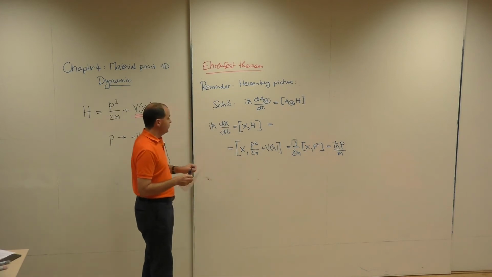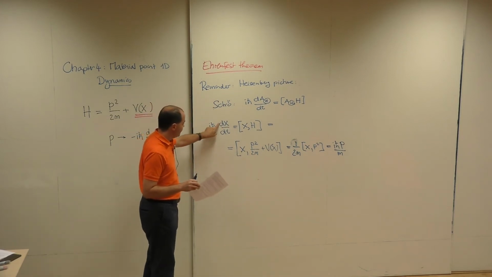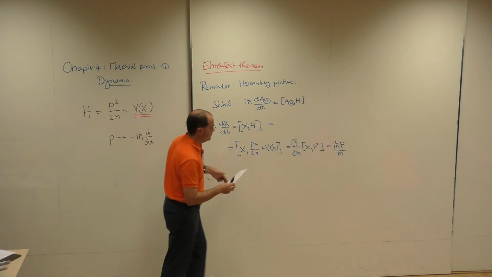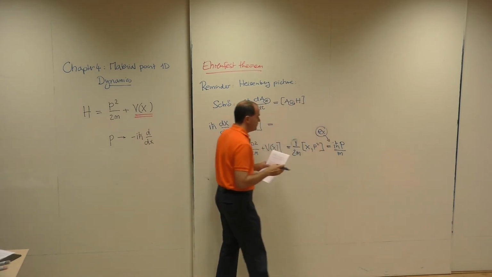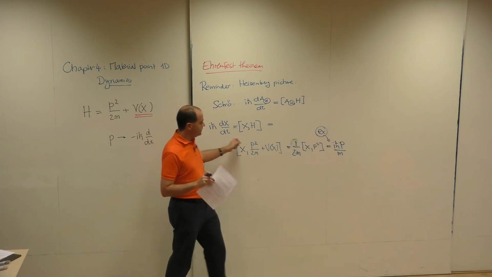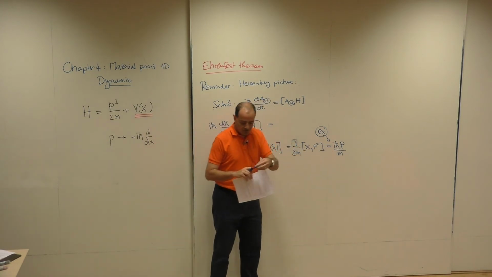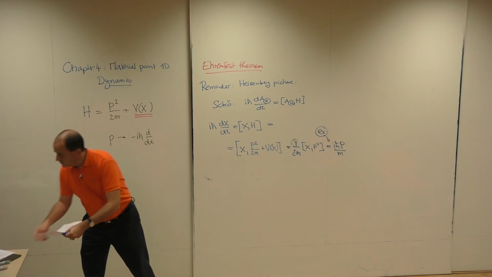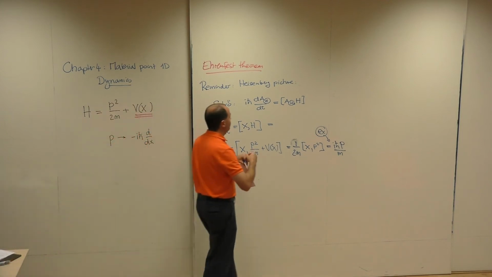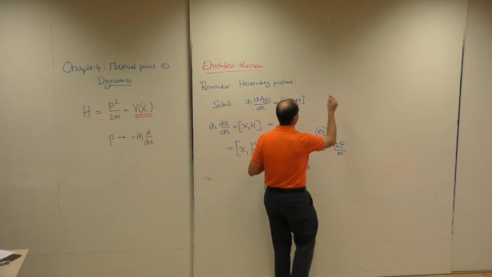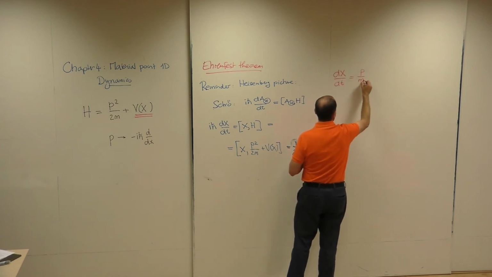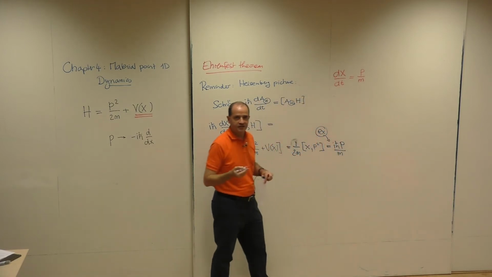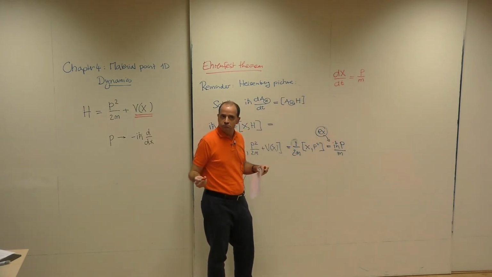But now, look what we have written here, iħ dx/dt. So this is an exercise, if you want. iħ dx/dt is equal to iħ p over m. What have we found? Well, something that doesn't look completely unfamiliar. We have found that dx/dt is p over m, which in classical mechanics would be v, right?